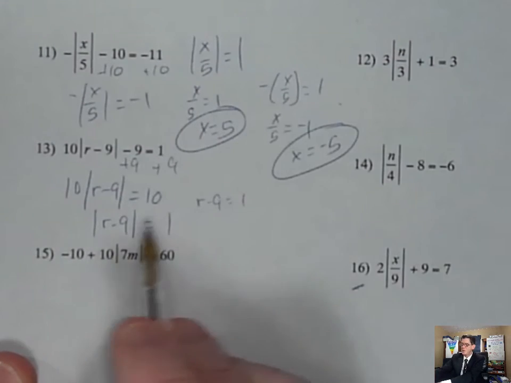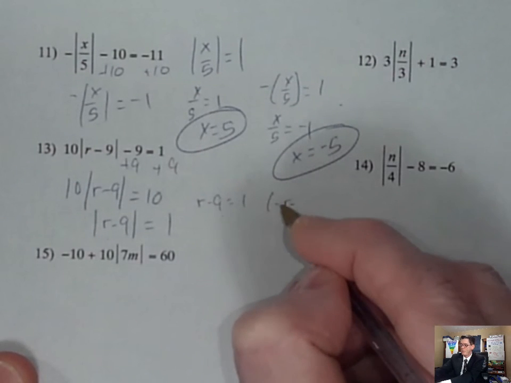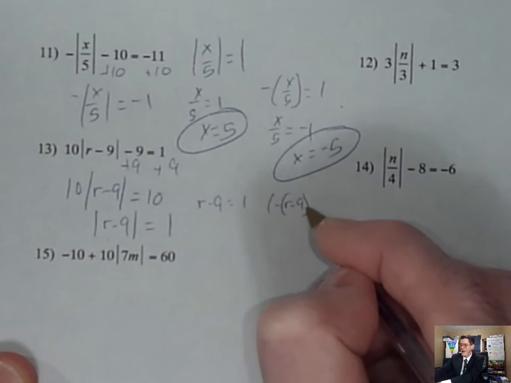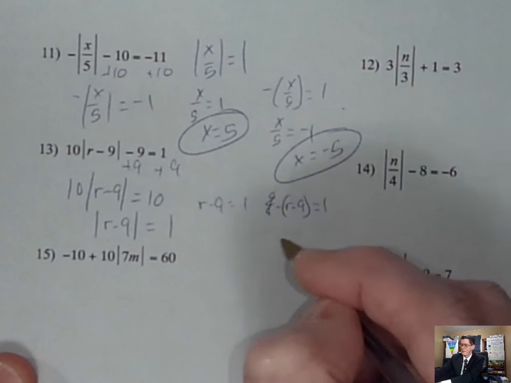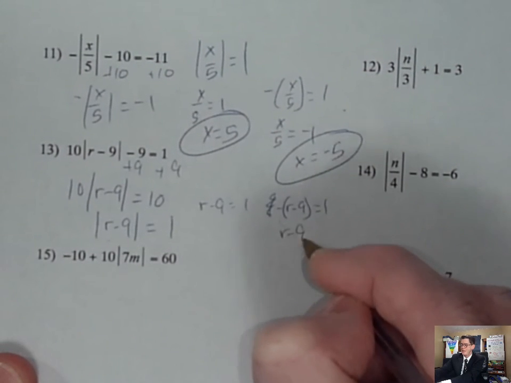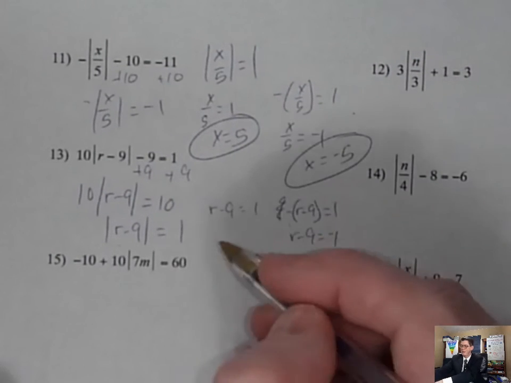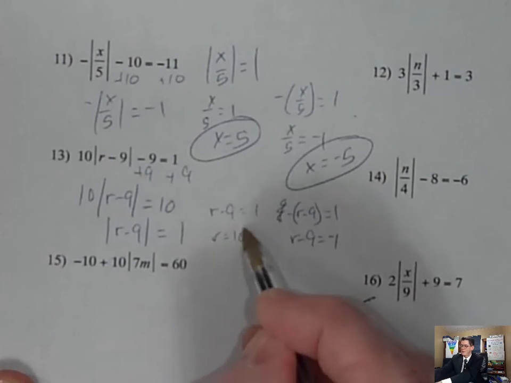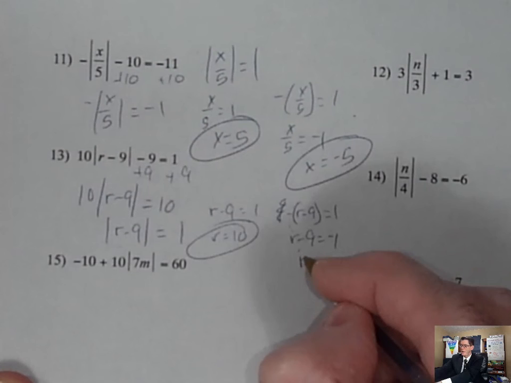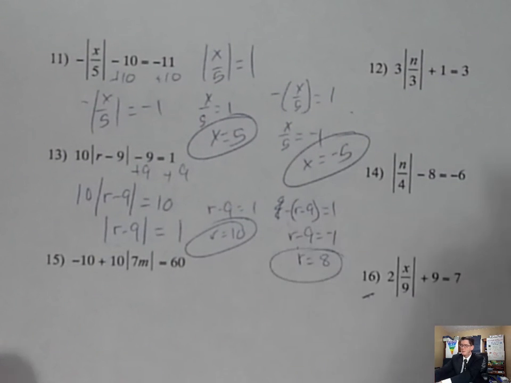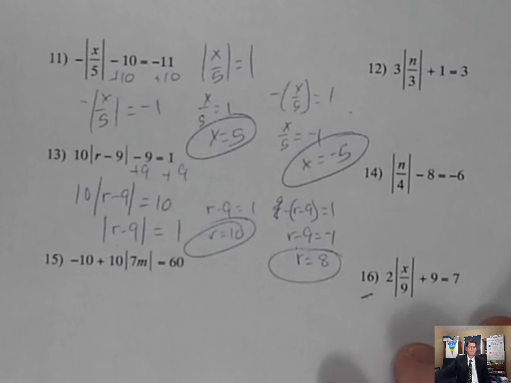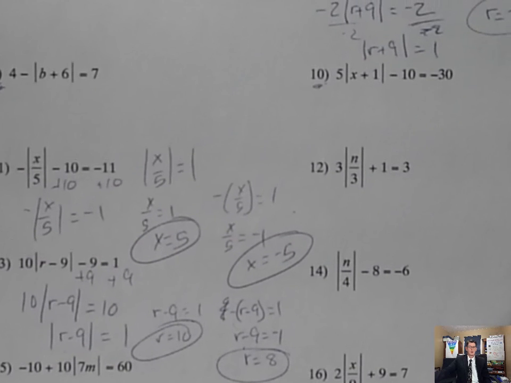R minus 9 is 1, or the negative of that is 1. Divide by the negative, so those are the two possibilities. So you add 9, r can be 10. Add 9 over here, r can be 8. There you go. Work through those.